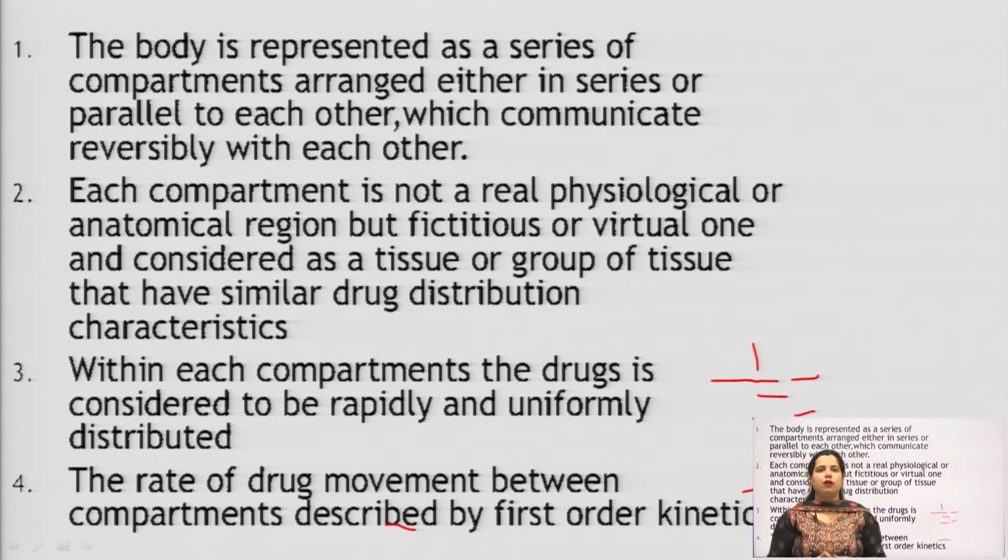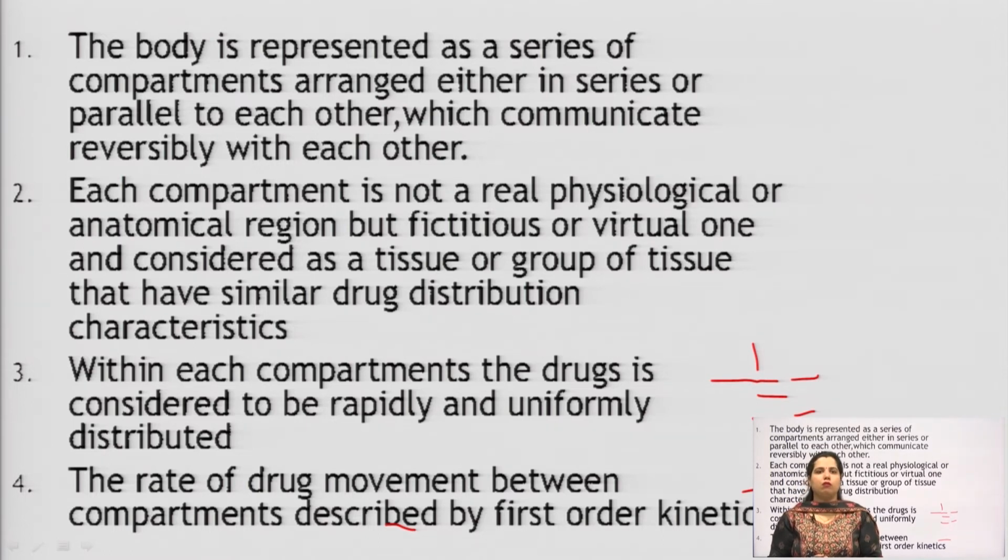Like each compartment is not a real physiological or anatomical region, but a fictitious or virtual one, considered as a tissue or a group of tissues that have similar drug distribution. That means, in that case we consider every compartment having similar affinity towards the drug and similar blood flow.